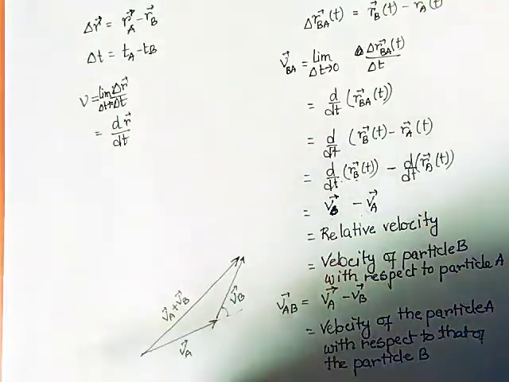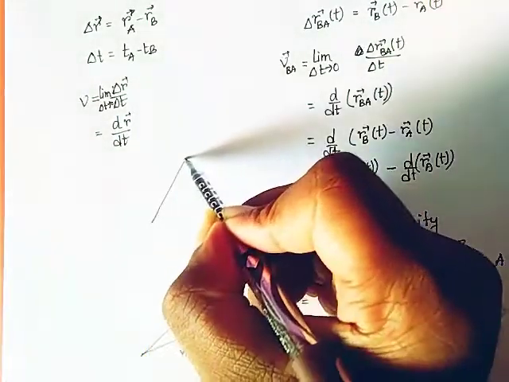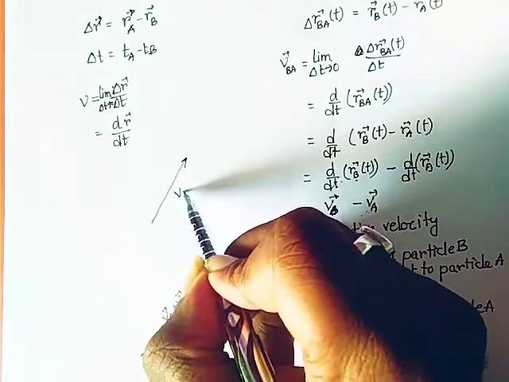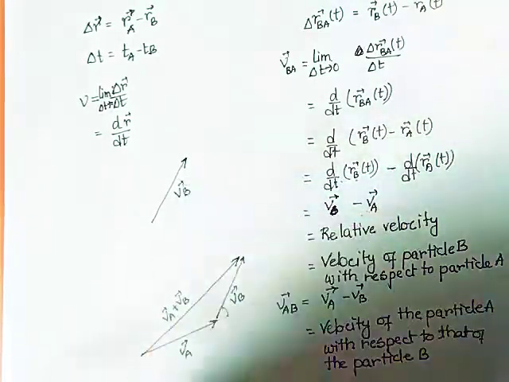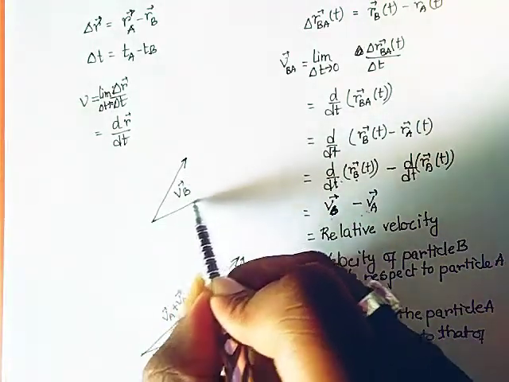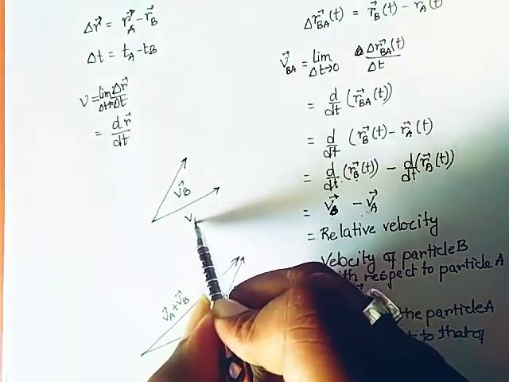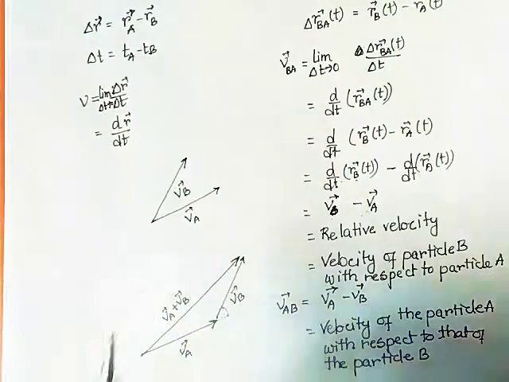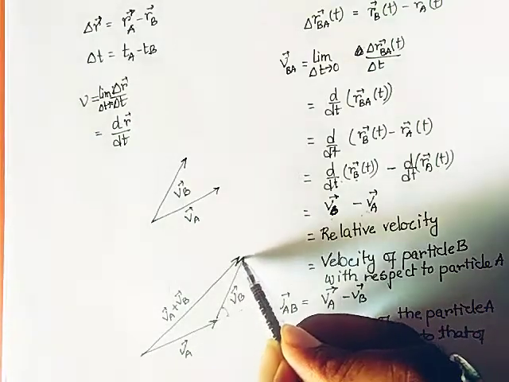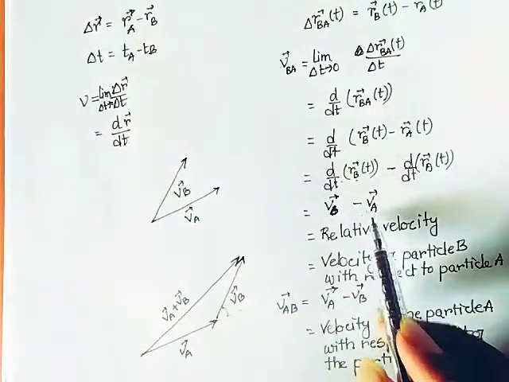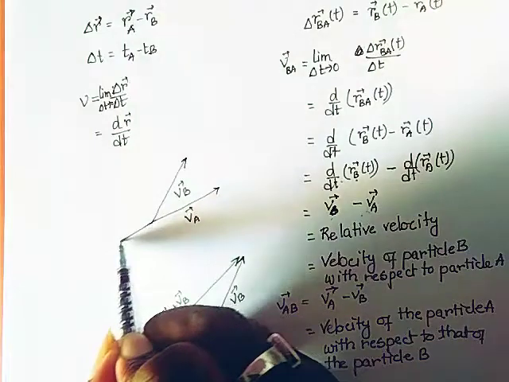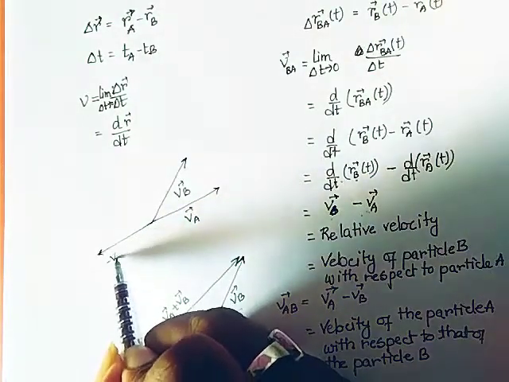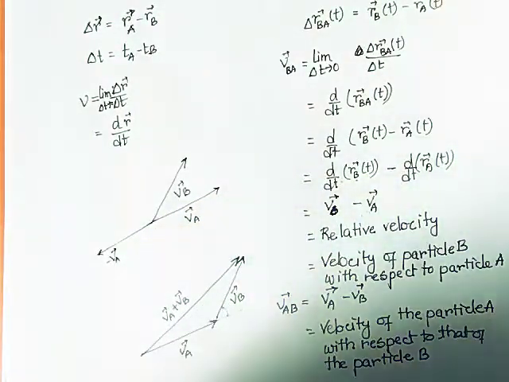So if I represent, this is my VB vector, and this is my VA vector, and this is nothing but the translocation of the VB vector to this point, the parallel shift, and it does not change the orientation. But you have to at first take this VA on the negative, so that will be minus VA vector.